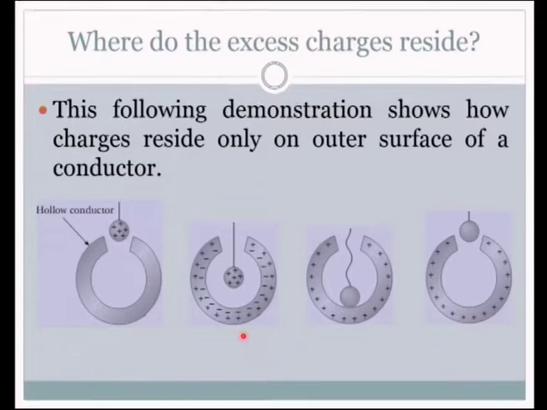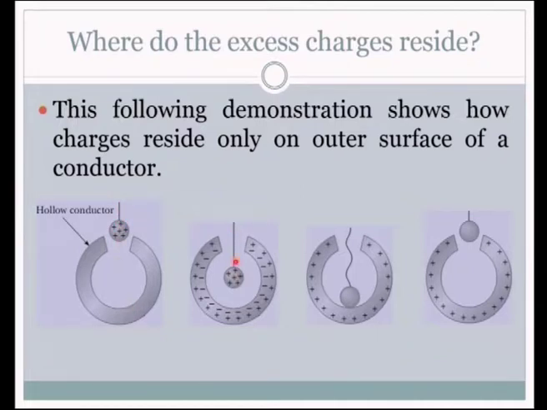But what about the case of insulators or non-conductors? The case is now different. First, this diagram shows how the charges reside on the outer surface. We have a hollow conductor and we bring a positive sphere by means of a silk thread inside it.